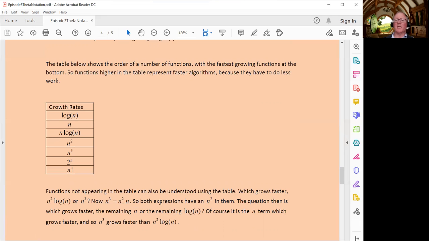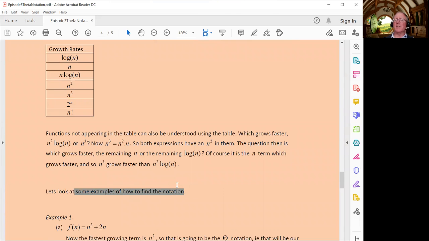And of course, it's obviously the n term which grows faster. And so n cubed will grow faster than n squared log n. And so an algorithm that runs in n cubed time will be slower than an algorithm that operates in n squared log n.